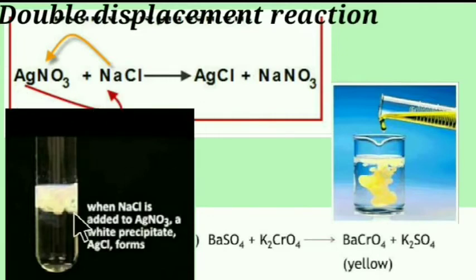In the second example, barium sulfate BaSO4 reacts with K2CrO4, that is potassium chromate, there is formation of a yellow color precipitate of BaCrO4. These are the examples of double displacement reaction.